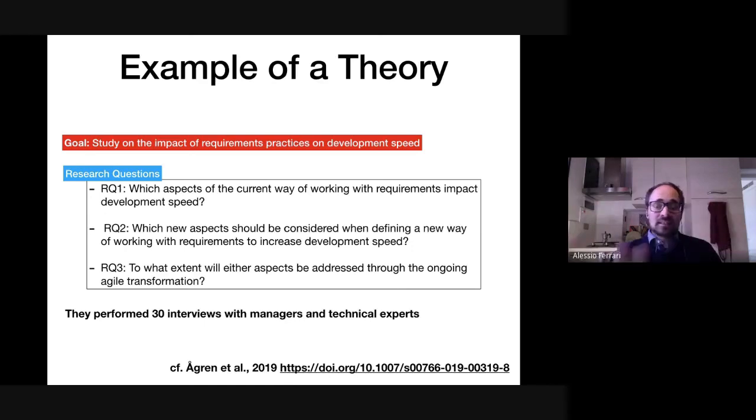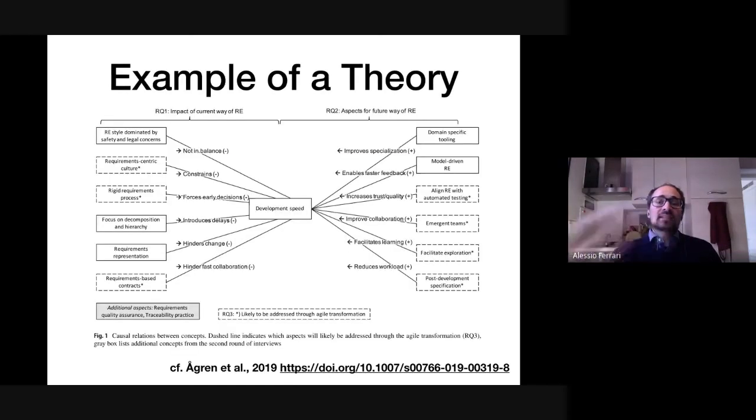This is the research, and this is the theory. This is what they actually produced. It is a group of categories and relationships between categories. The core category here is development speed.